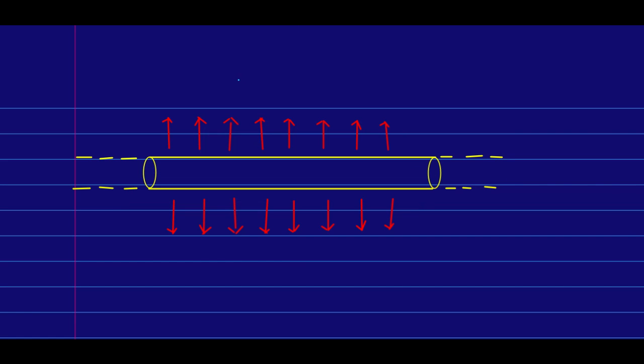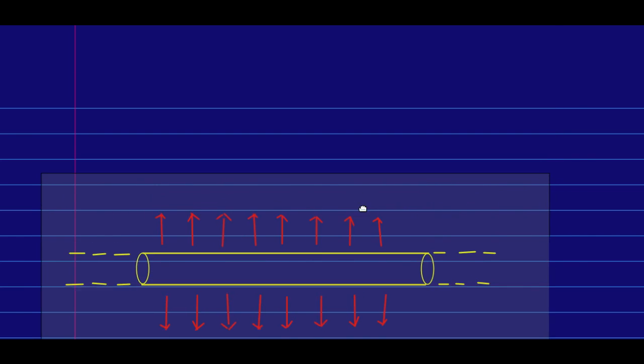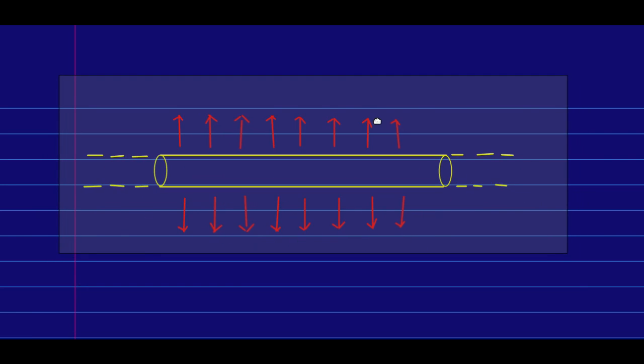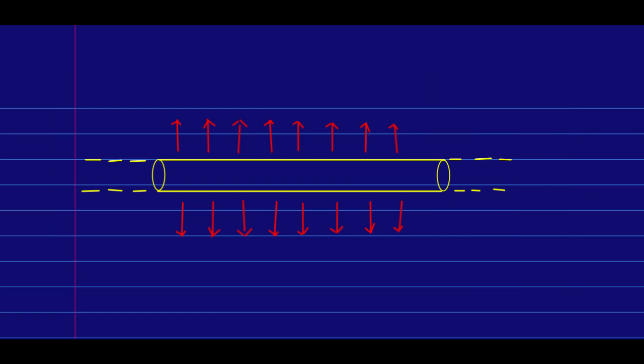Finally, let's see a symmetry that the system doesn't have, and what that tells us about the field. We know that the cylinder is not symmetric under translations perpendicular to its length, and so we don't expect the field to be symmetric under that. What that tells us is that as we go farther away from the cylinder, say in the upward direction on the page here, we expect the field will probably change.